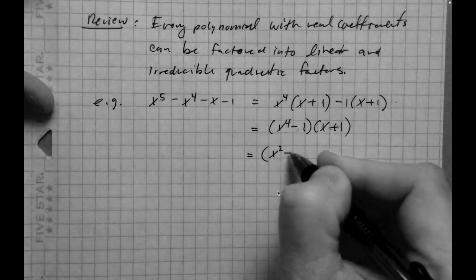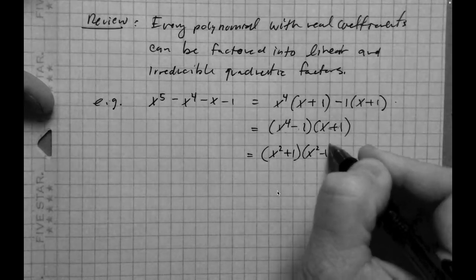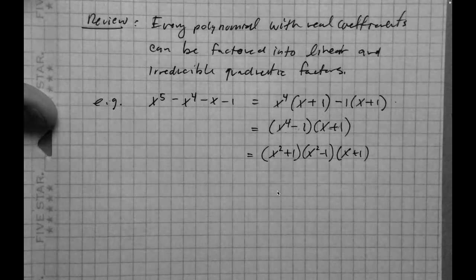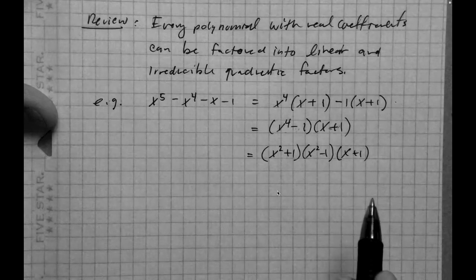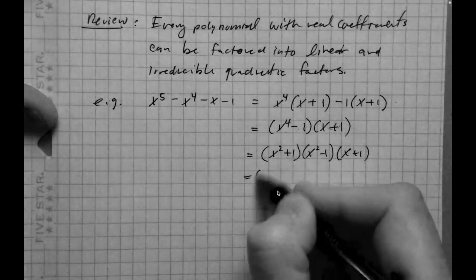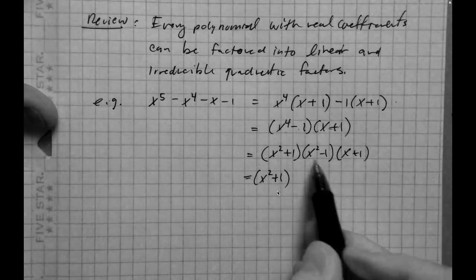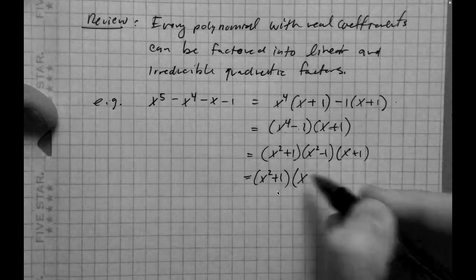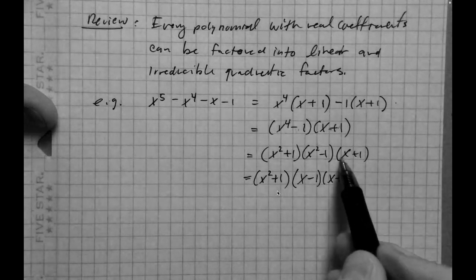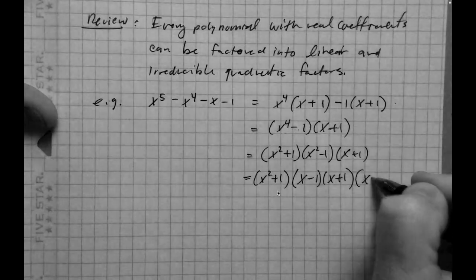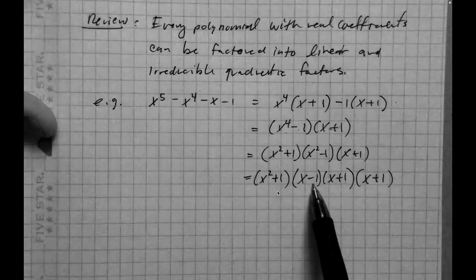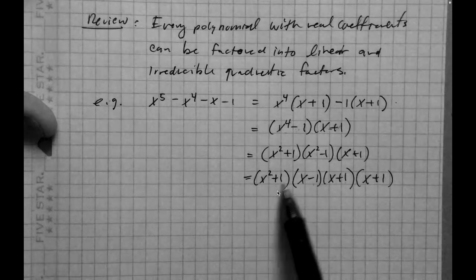into x squared plus 1 times x squared minus 1, and then bring along the x plus 1. And this guy here can be broken down further as well. This is coming along for the ride, but this x squared minus 1 can be written as x minus 1 times x plus 1, right? And then this one, bring it along for the ride. Right, so now these are all linear factors, and this one is what we would call irreducible.